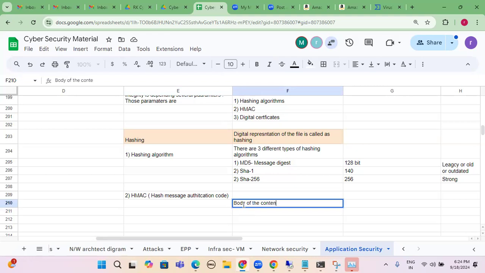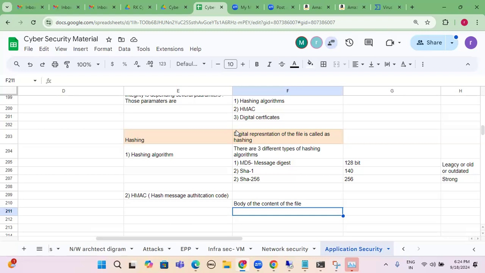Yes, it will. The body of the content of the file can be represented using HMAC. In this file, whatever content I give, if someone modifies it, automatically the content of the body will change. So that is called HMAC.